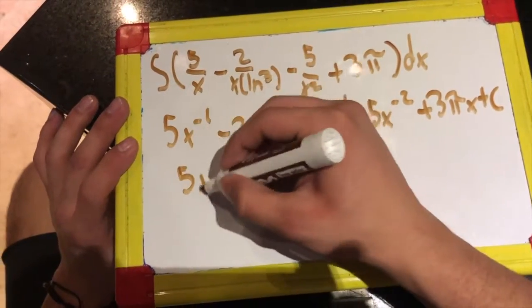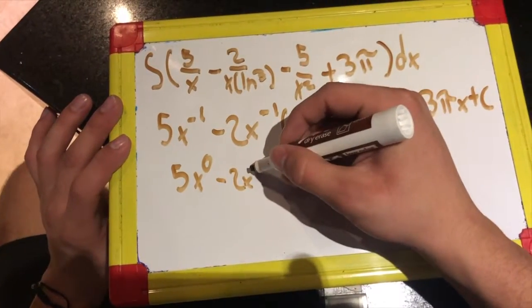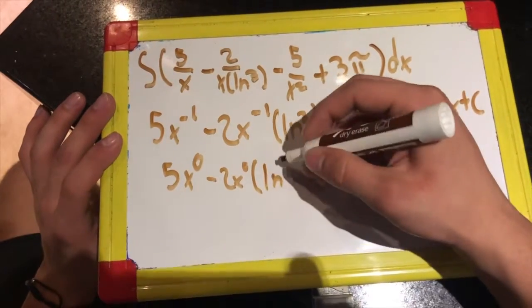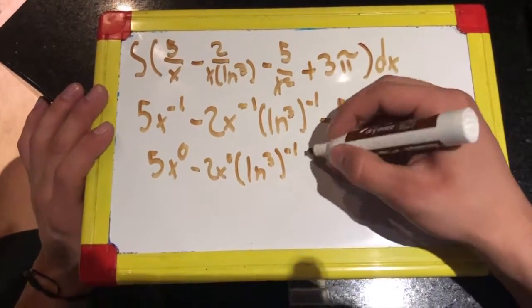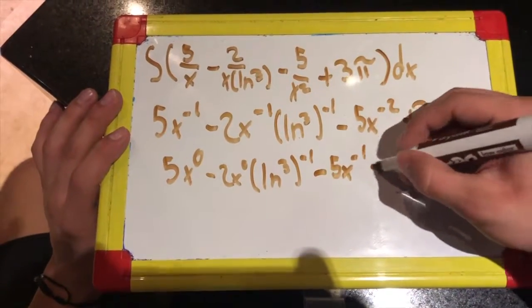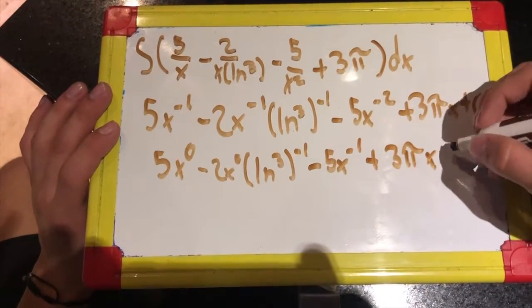So our next step is to add a 1 to the exponent. So it will be 5x to the 0 minus 2x to the 0 times (ln cube) to the negative 1 minus 5x to the negative 1 plus 3 pi x.